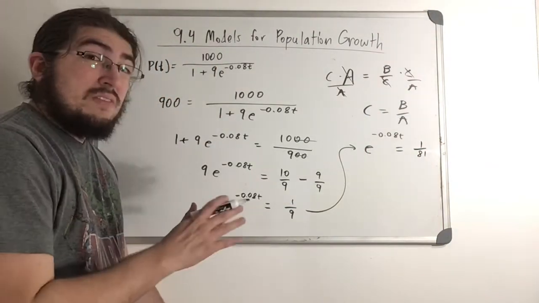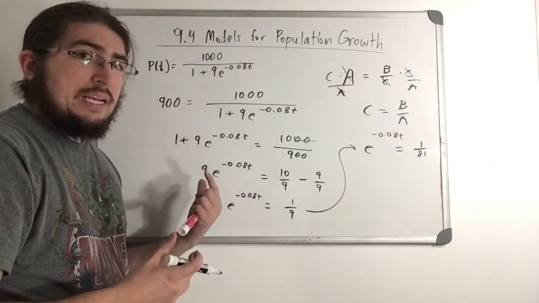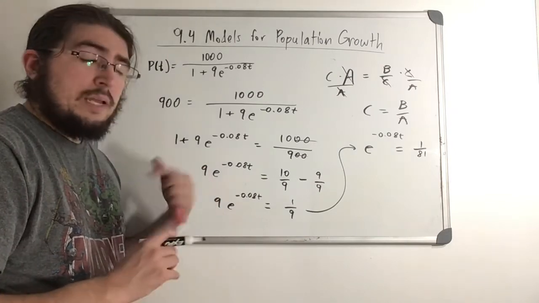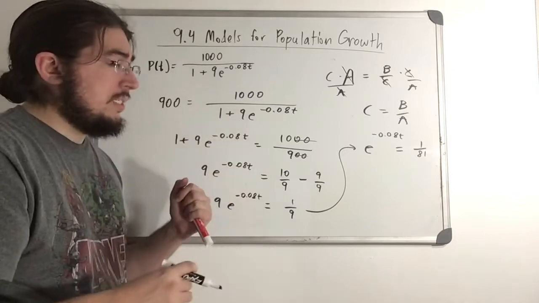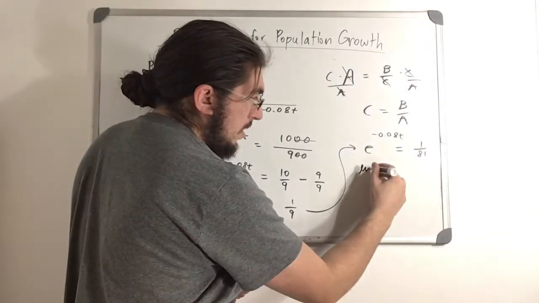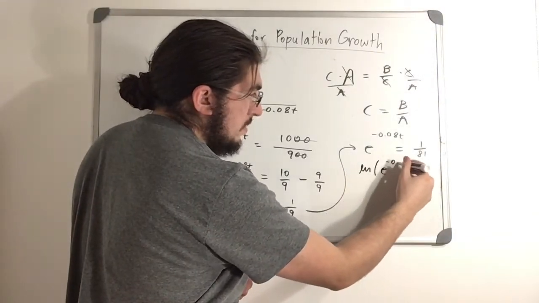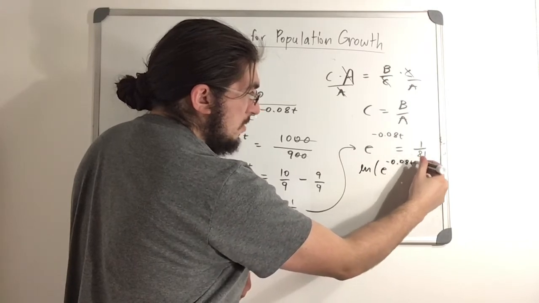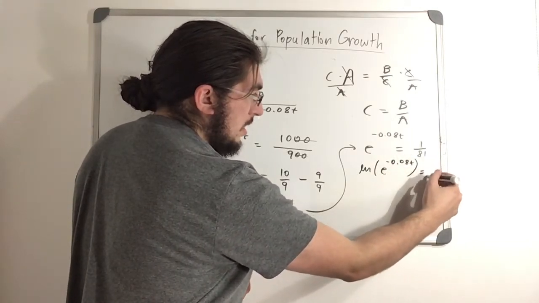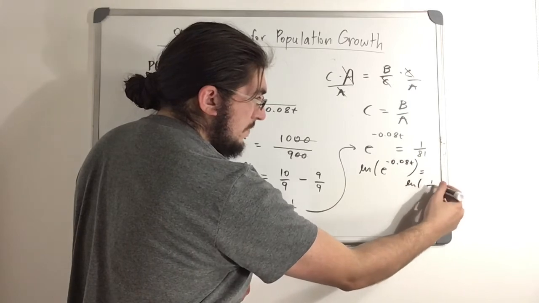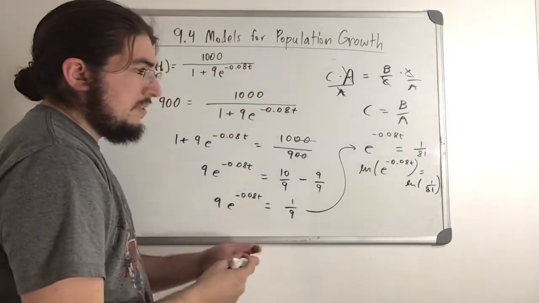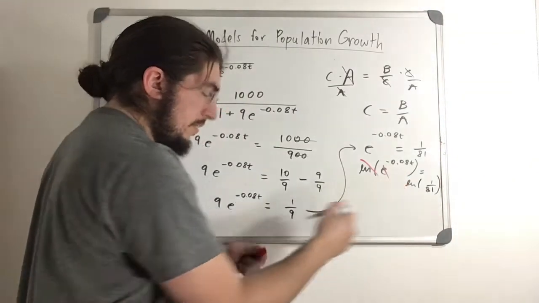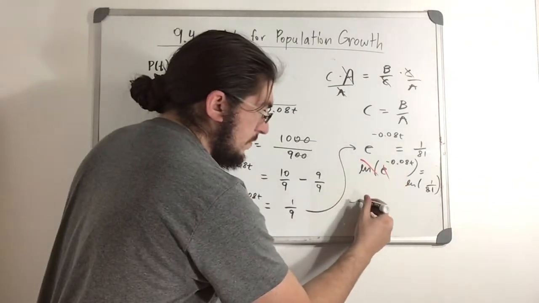Okay, to get rid of e, much like getting rid of ln, to get rid of ln you take both sides to powers of e, but vice versa, to get rid of e, you take ln of both sides. So if you take ln of the left and set that equal to ln of the right, there we go. On the left, the e and ln cancel and you just get negative 0.08t.